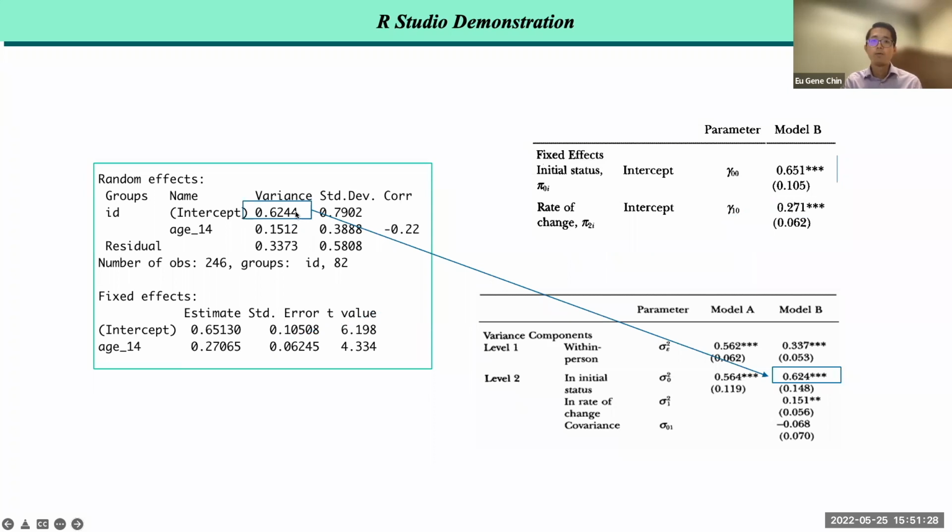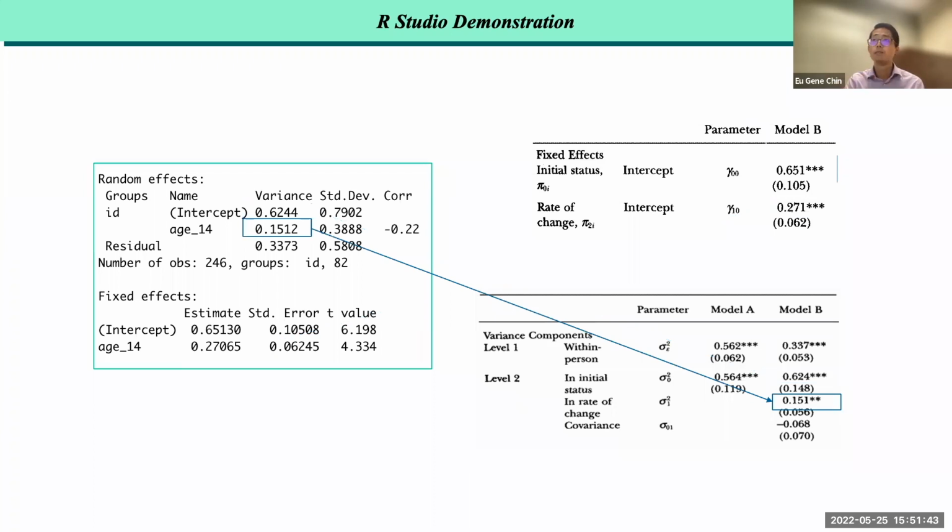This one over here represents the variance of deviations resulting from each individual's change trajectory's intercept from the population's average change trajectory intercept. This represents the variance of deviations resulting from each individual's change trajectory slope from the population's average change trajectory slope. This one over here represents the epsilon subscript ij, which is basically the deviation of each individual's observed score from the estimated true score based on the fixed effects of the level 1 submodel.